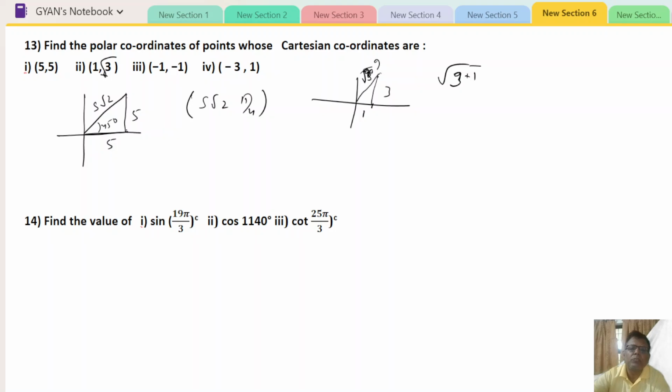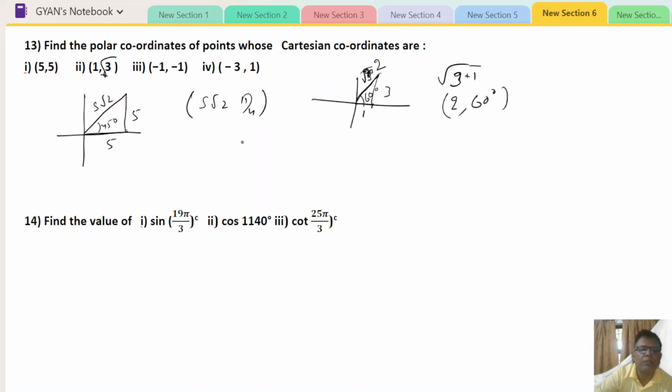So if hypotenuse is 2 and base is 1, then this angle will be 60 degree. This we have already discussed in the earlier part of trigonometrical ratios. So the polar coordinate will be 2 and 60 degree.